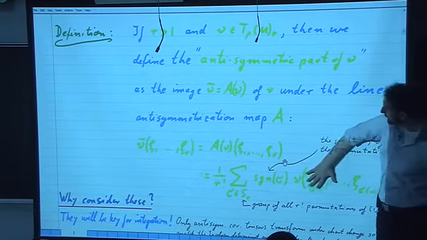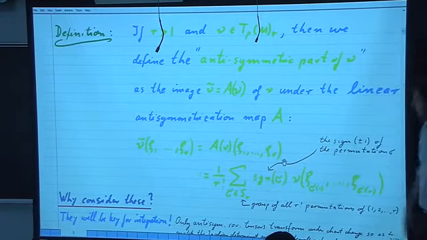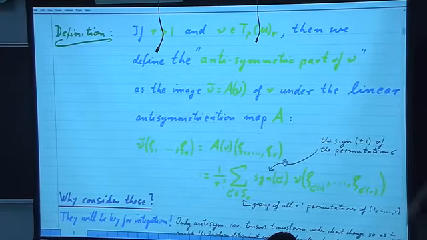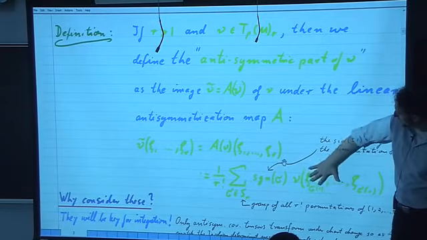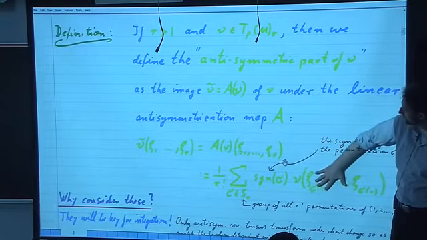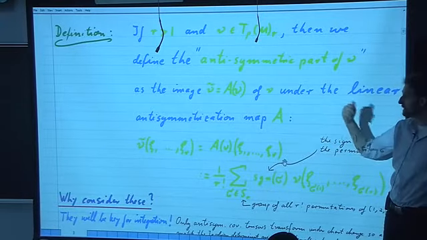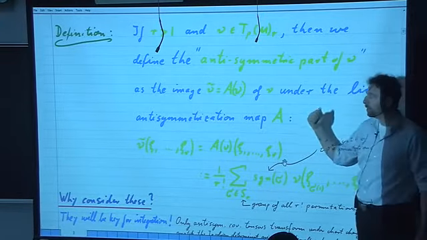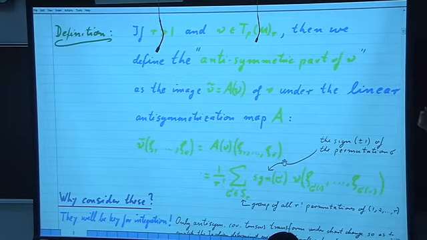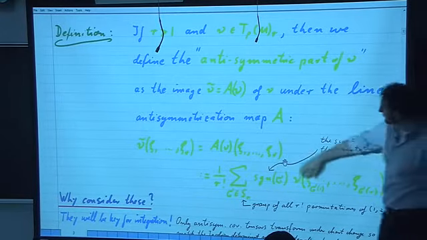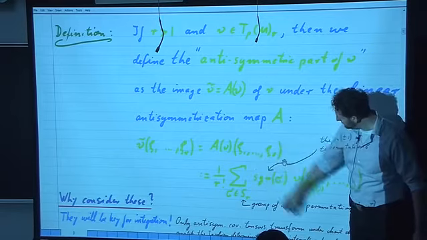Now, every permutation has a unique signature. Every permutation is reached from the identity permutation uniquely by either an even or an odd number of neighboring permutations. And that gives us the signature of the permutation.